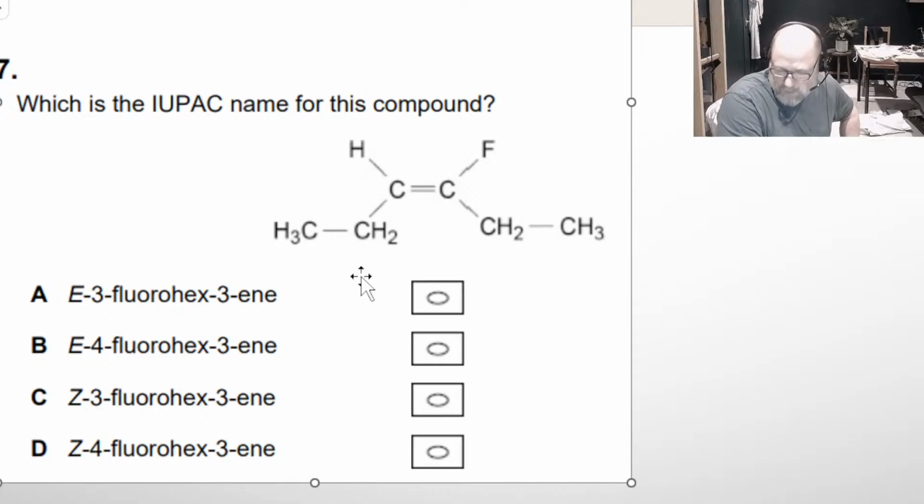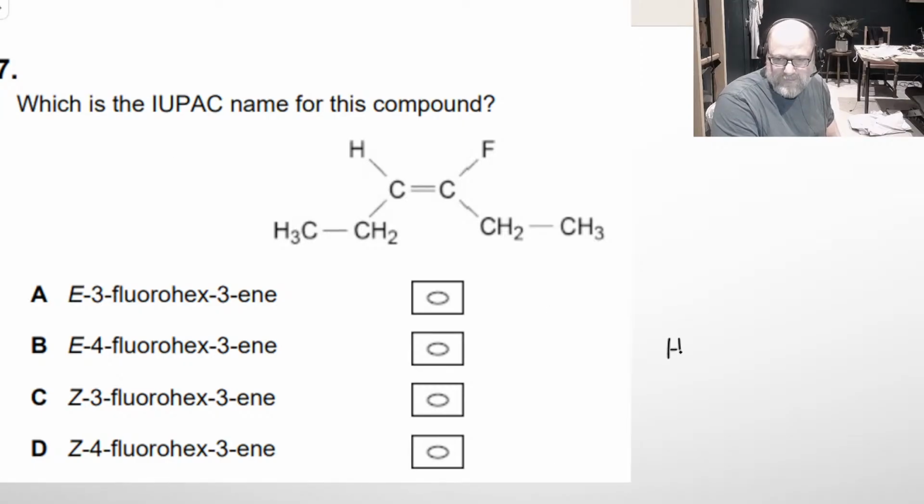What about this one? What are you saying for this one? Which is the IUPAC name for this compound? Pretty dirty compound, right? Find the longest chain. So you're going to go 1, 2, 3, 4, 5, 6. So get rid of anything that doesn't say hex. Oh, look, they all say hex. And it's definitely going to be hex-3-ene.